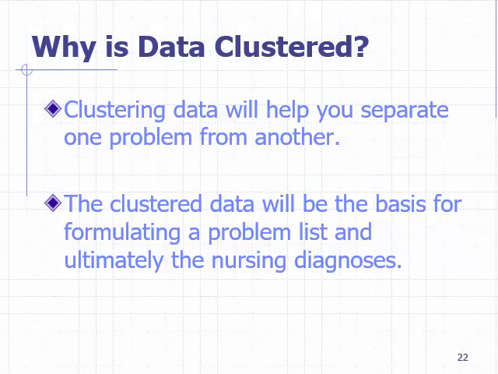He's got that thick green sputum. So even though white blood count would fall under immune, it could also fall under respiratory because it's supporting that green sputum as an infection. So the cluster data will be the basis for formulating a problem list and ultimately the nursing diagnoses.